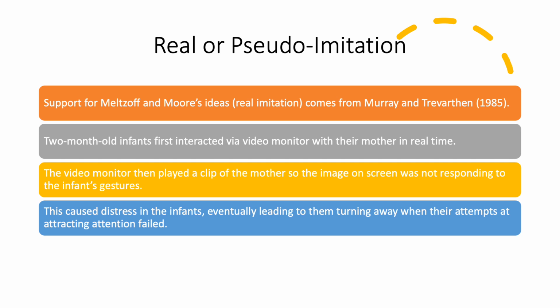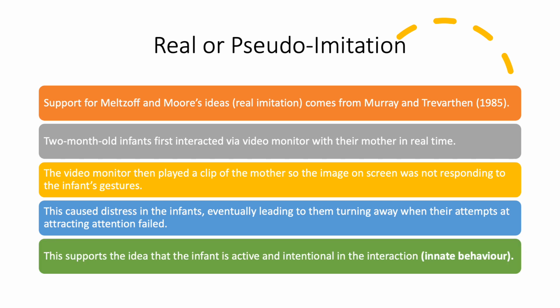And they eventually just turned away from the monitor because the attempt at attracting the mother's attention had failed. So this supports this idea of real imitation, because the infant wants to be an active participant of this interaction with the mother. And so Murray and Trevarthen thought that this behaviour is intentional and therefore it's innate, we're born with it.